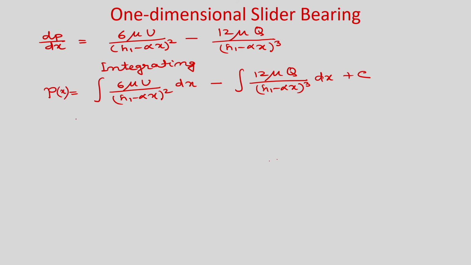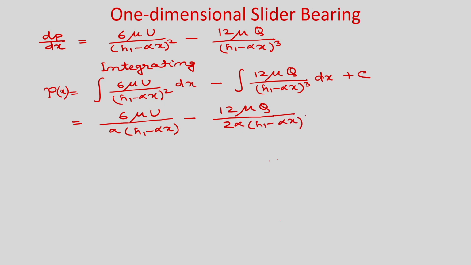If you perform this integration, you will get 6 mu u divided by alpha times h1 minus alpha x, minus 12 mu q divided by 2 alpha times h1 minus alpha x whole square, plus constant c.